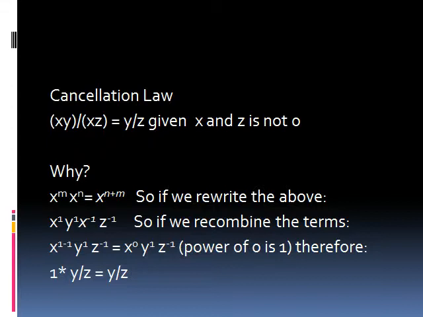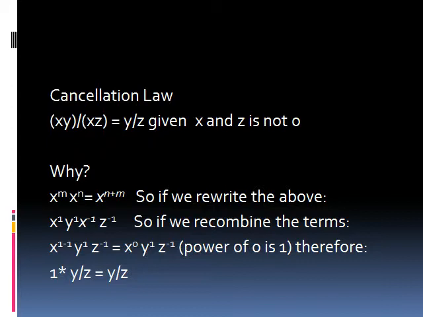So why is that? Well, if we look into this rule where x to the power of m times x to the power of n equals x to the power of n plus m, if we rewrite all of those into power of exponents, we would have x to the power of 1 times y to the power of 1 times x to the power of minus 1 times z to the power of minus 1.